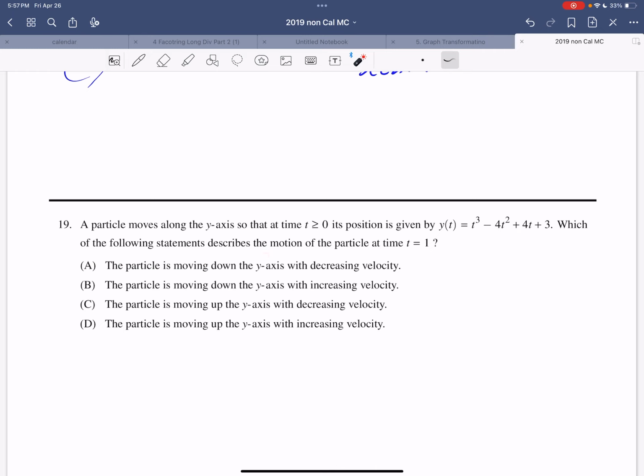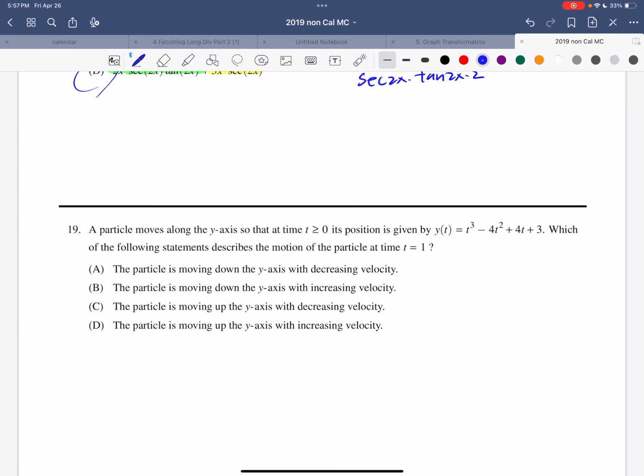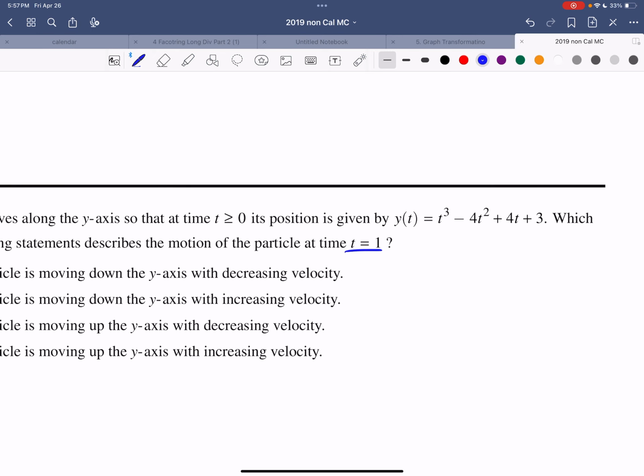The particle is moving down the y-axis with decreasing velocity. So basically decreasing velocity when time equals 1, right? So let's plug in everything at once.